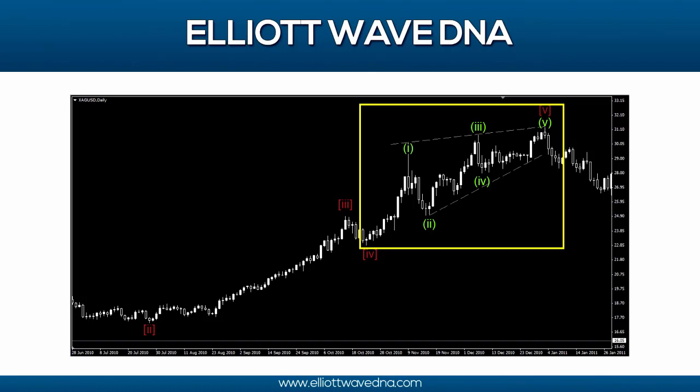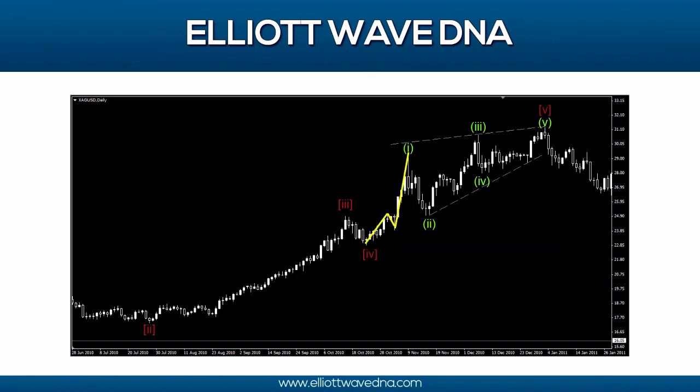Now, we again need to check how many subwaves we can see in each leg. In wave 1, we can see a 3-wave move, followed by a deep pullback, again in a 3-wave move shape. And again, wave 3 has just 3 waves, but what is important is that wave 4 entered the territory of wave 2.